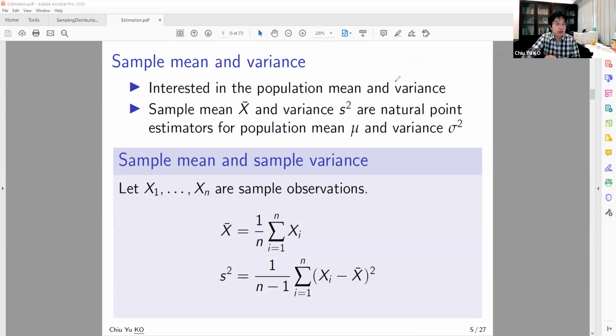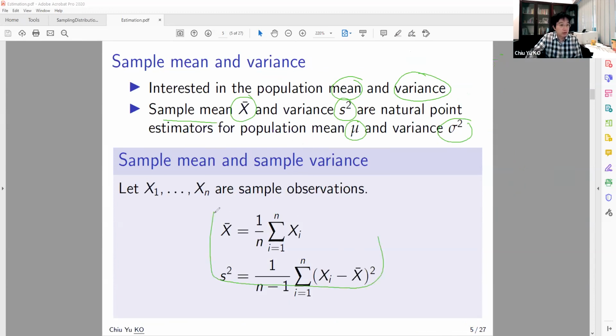So as we said, usually we're interested in the population mean and population variance. And we know from the first chapter, these two are the natural starting point. We have promised you to prove why this is true, and this is the definition.